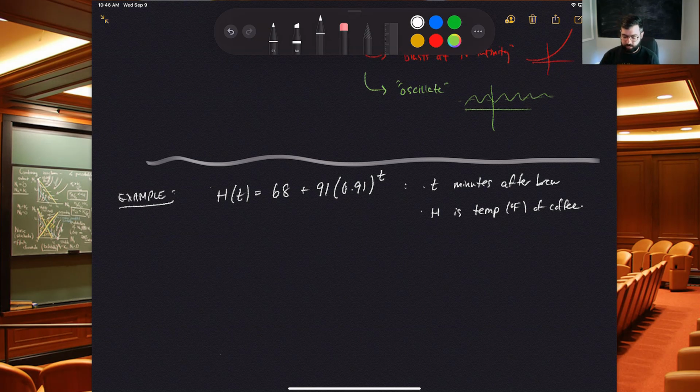So we could look at the short run behavior, and we will do that after. Let's look at the long run behavior. So what does that mean? At the extremes.